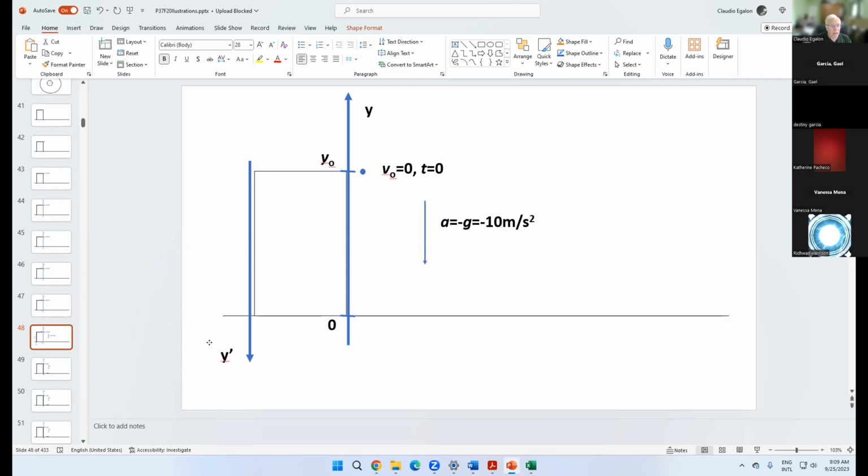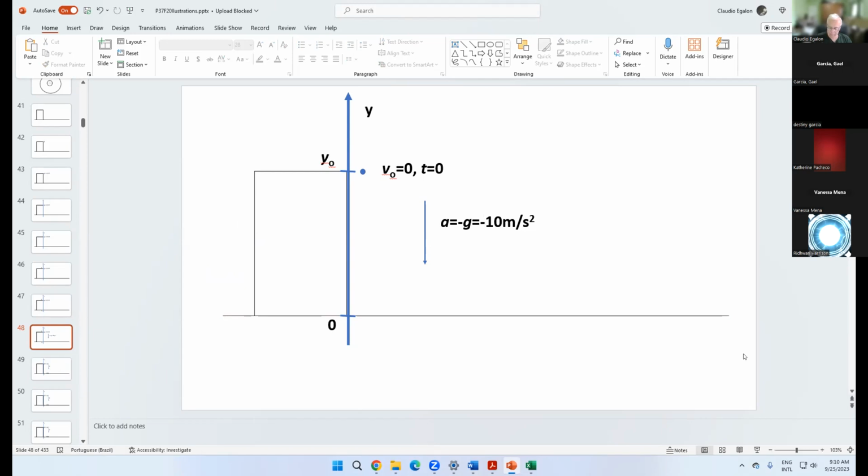Then the acceleration G would be positive, not negative. We can solve problems with this type of axis as well. But let's stick to this one, that's the easiest one. Everybody's more familiar with an upward axis.